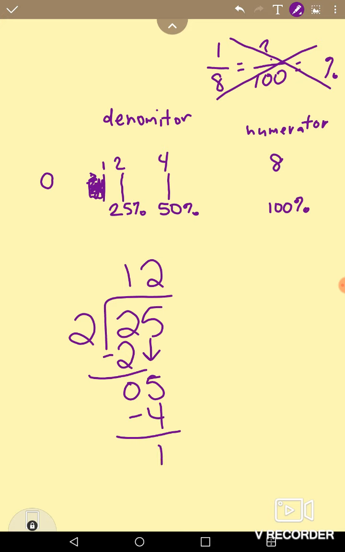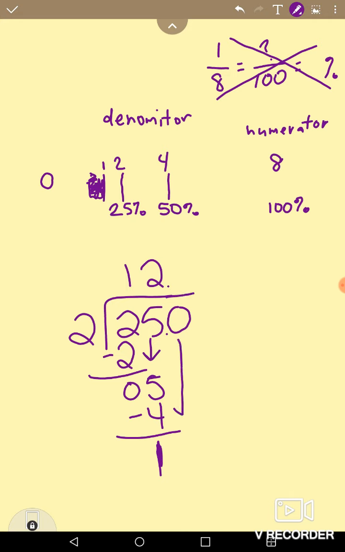Subtract. That's 1. Well, there's not a number to bring down, but I still have a group to divide. So I can add a 0 right there. When I add a 0, I have to put a decimal point, because now we're making it less than 1 whole. We're going to break this 1 whole into smaller pieces. So that's a decimal number.